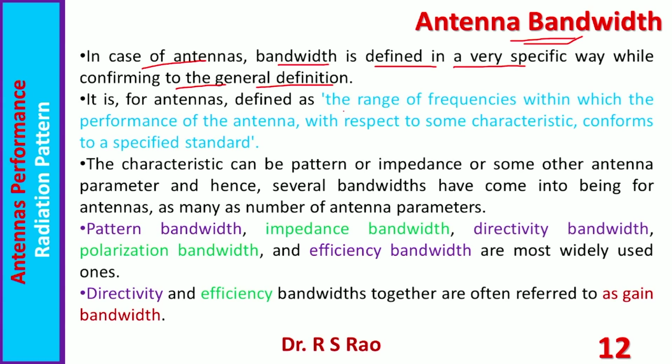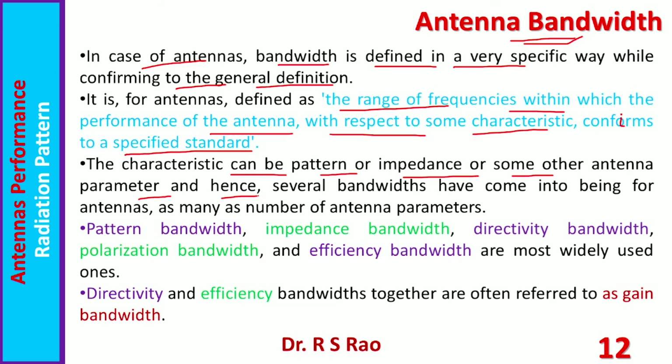For antennas, it is the range of frequencies within which the performance of the antenna with respect to some characteristic conforms to a specified standard. The characteristic can be pattern or impedance or some other antenna parameter, and hence several bandwidths have come into being for antennas, as many as the number of antenna parameters.